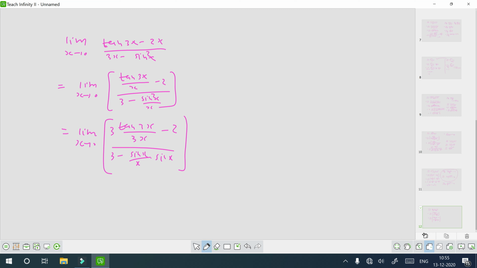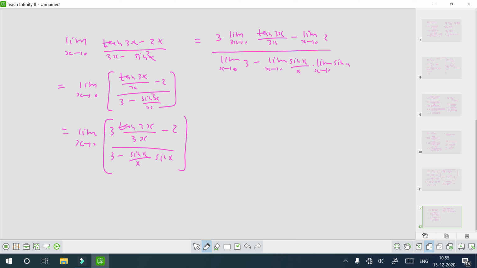Yes. Now give the limit to every term. That is equal to 3 constants, so take it outside. Limit 3x tends to 0 tan 3x over 3x minus limit x tends to 0 of 2 over limit x tends to 0 of 2, 3 minus limit x tends to 0 sin x over x into limit x tends to 0 only sin x.